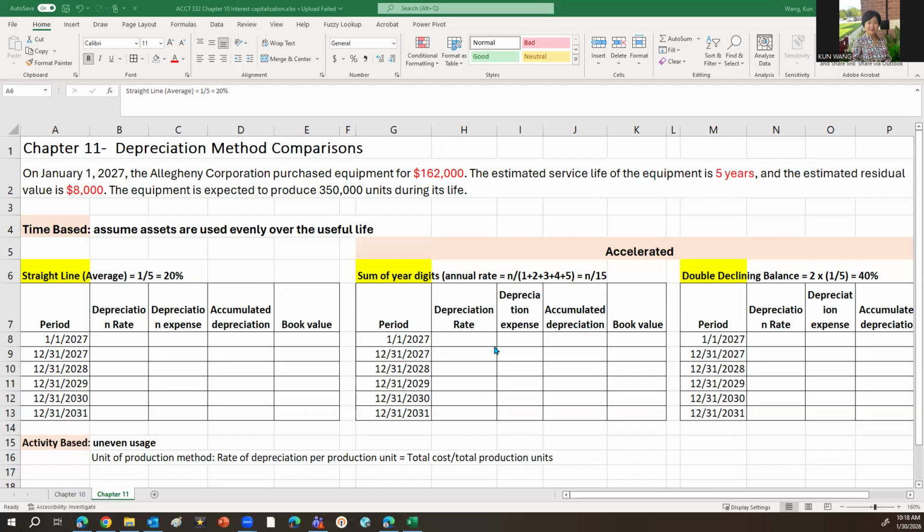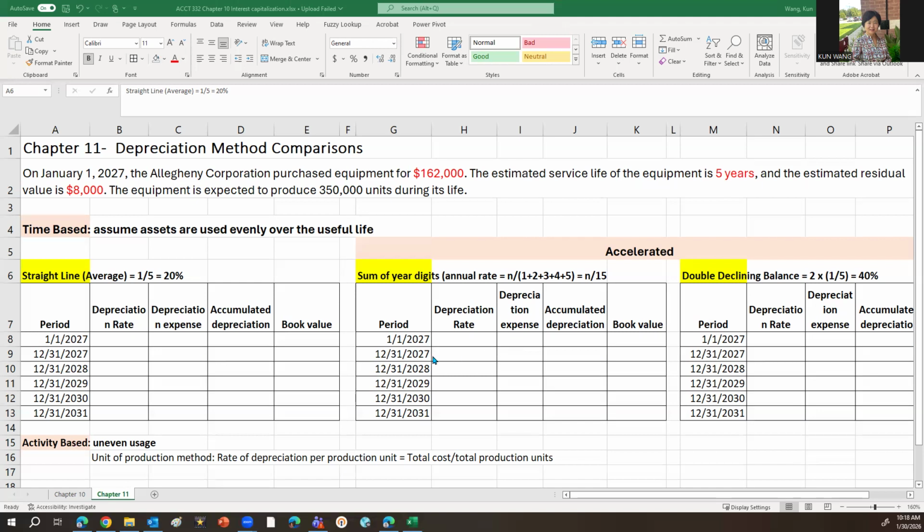But now we are just assuming a simple case for this asset across all of the 5 years without any change of the estimates.